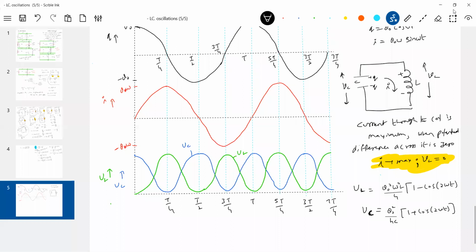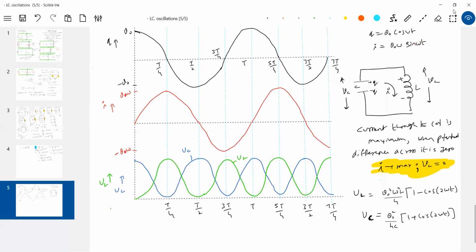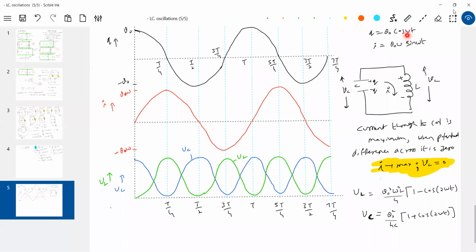Twice. By the time charge and current complete one oscillation, the energy in the capacitor and inductor will complete two oscillations. So the frequency of variation of the energy in inductor or capacitor is twice the frequency of the charge variation in the LC circuit.